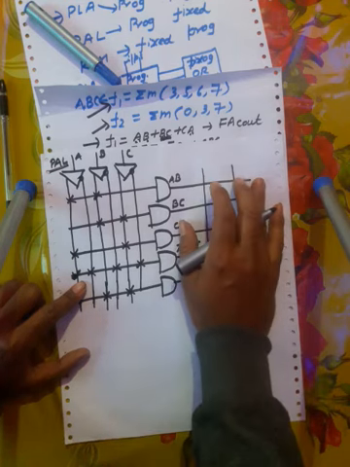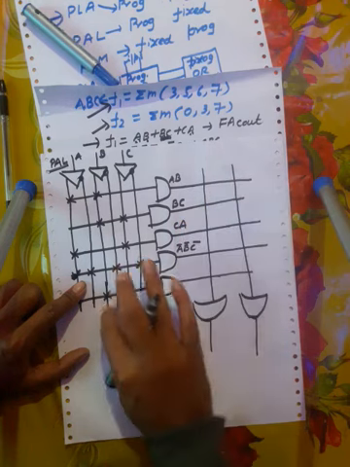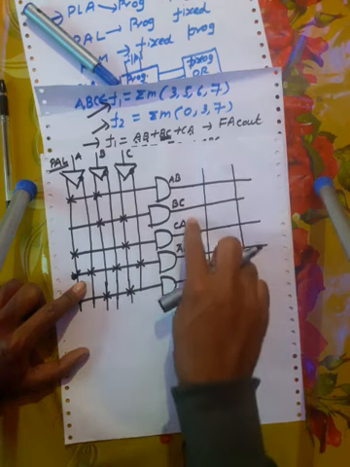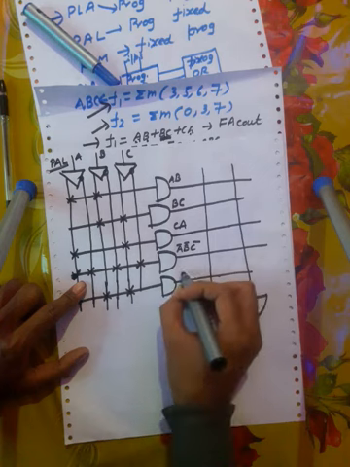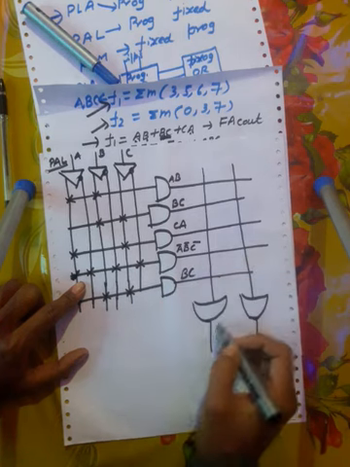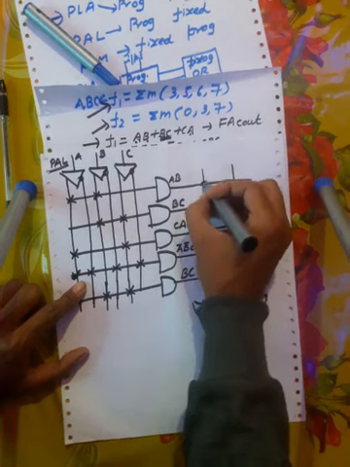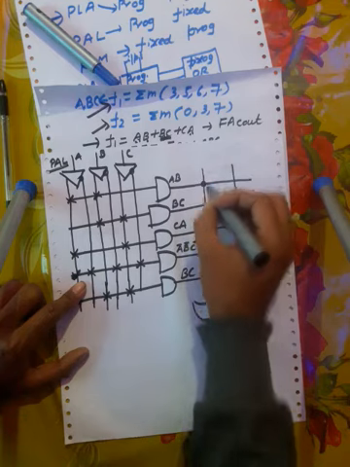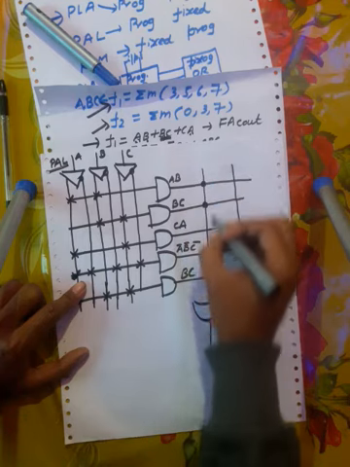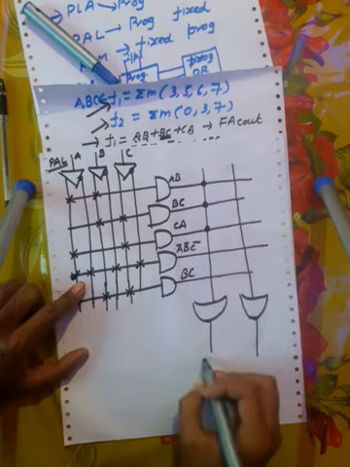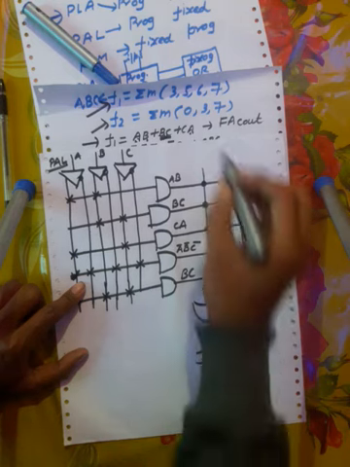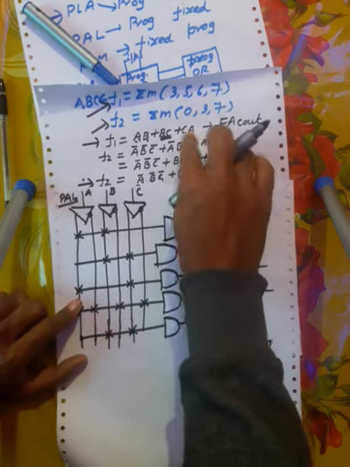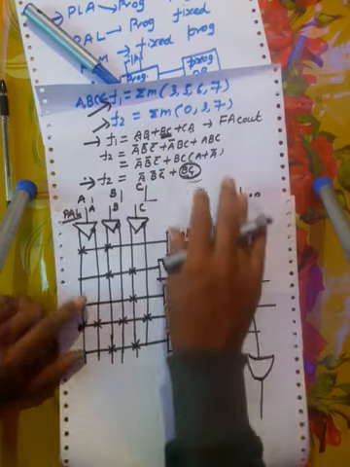Now this OR array is fixed. This is AB, this is BC, this is CA, this is BC. What is F1? AB. Since it is fixed, I will make it AB plus BC plus CA. So this is your F1. Now what is F2?